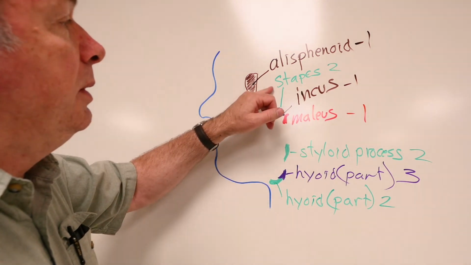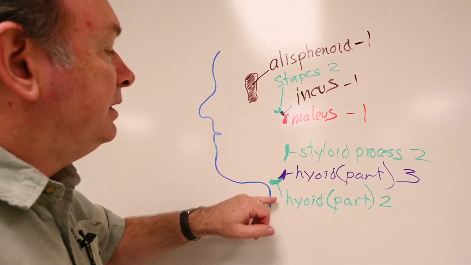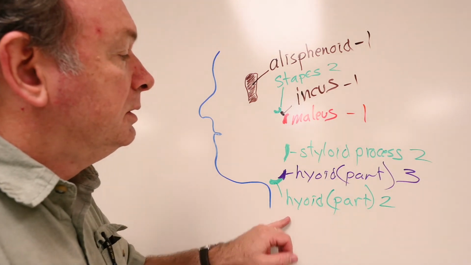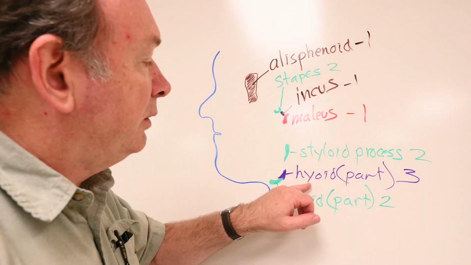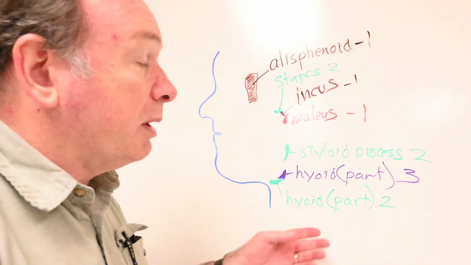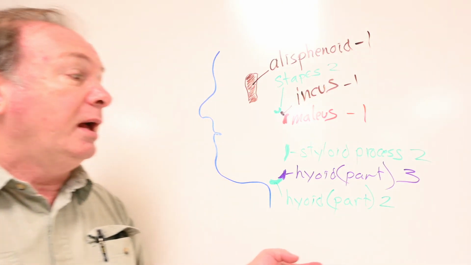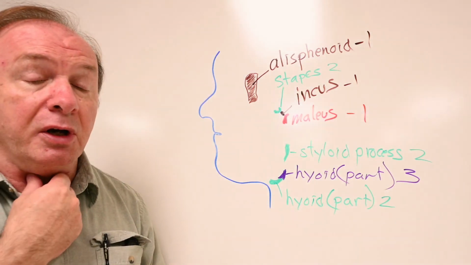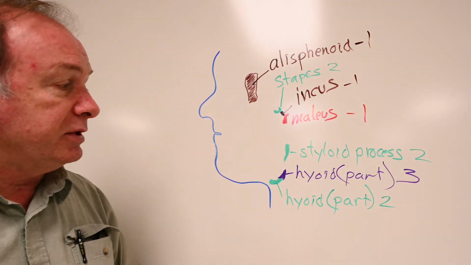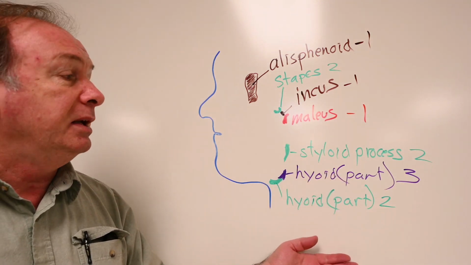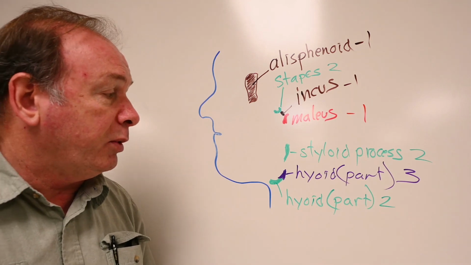From arch number 2, we have the stapes, the styloid process, and part of your hyoid bone. And then from the third arch, we have also the remainder of your hyoid bone. What about arch number 4 and 5 that are in there? They become part of your laryngeal cartilage as part of the larynx, not actually part of the skeleton per se, but support for your larynx.